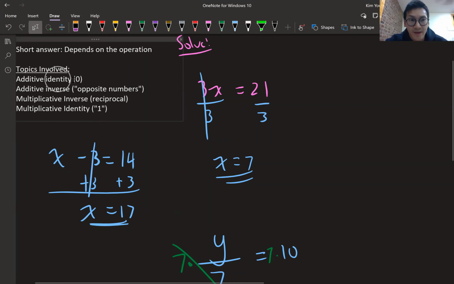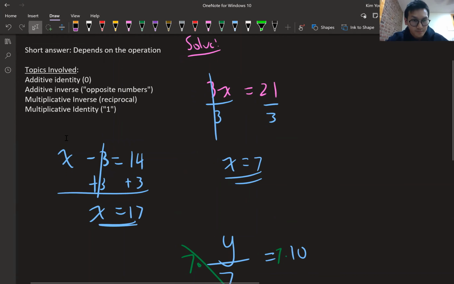It's a number such that when you add it to somebody else, the result should be unchanged. It doesn't do anything to that number under this operation called addition.